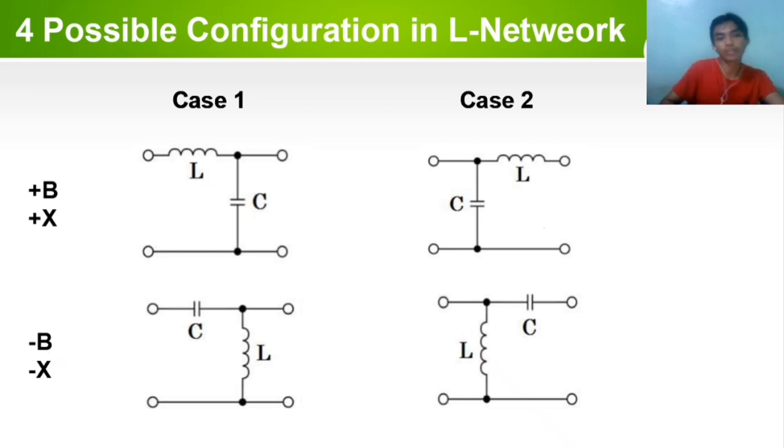So the configuration in L network, we have the capacitor in series with the inductance and the load impedance. Then in case 2, the inductor is parallel to the capacitor and the load impedance.